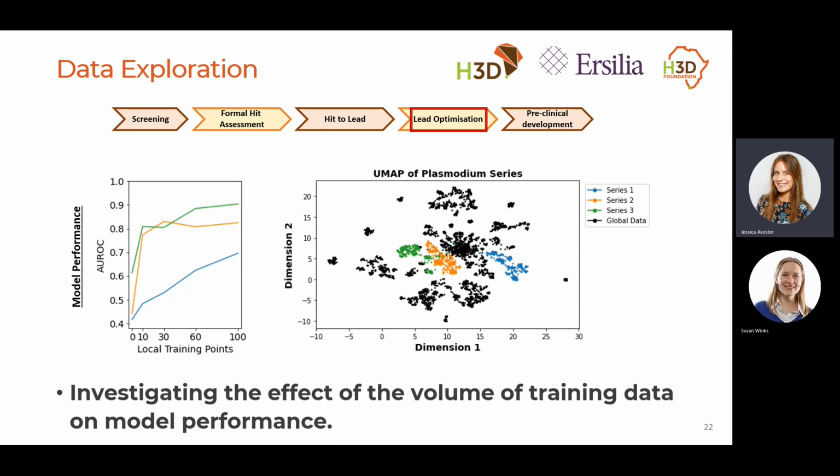We've got a chemical series where it starts quite poor, but as soon as we add just a few compounds to give it examples of what works and what doesn't in the SAR, it improves quite rapidly and stays quite good. And then we've got the dream, I suppose, chemical series that are readily modeled from the get-go, and then in general, more data will always help.